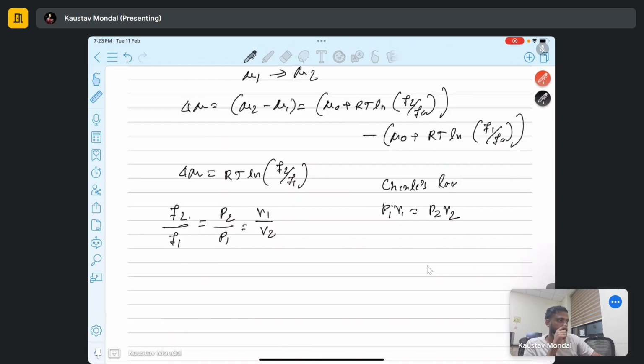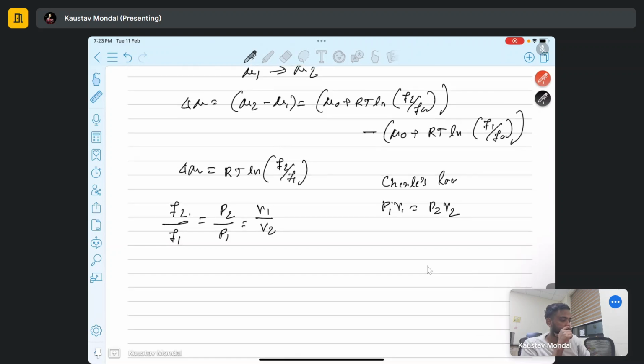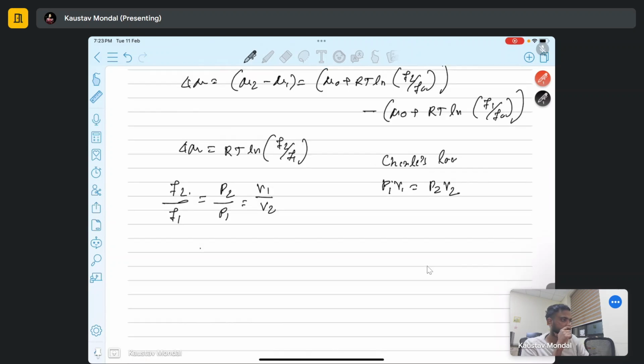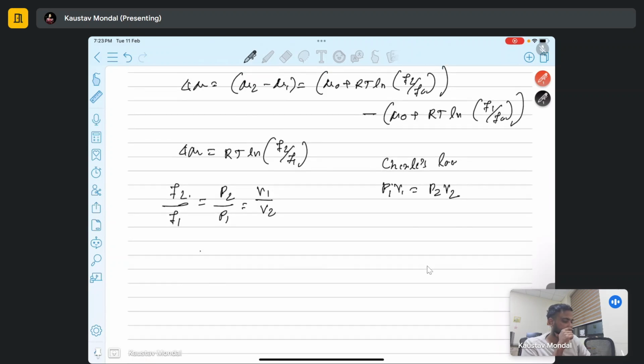Now we can just substitute delta mu. We already know delta mu is 1.342, so we can write delta mu by RT equal to ln v1 by v2.